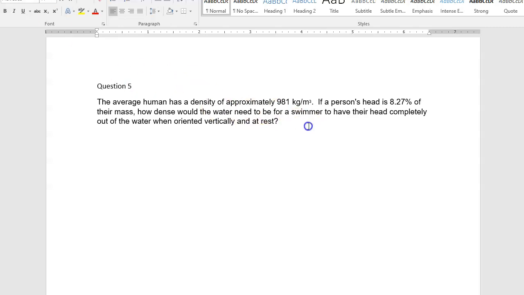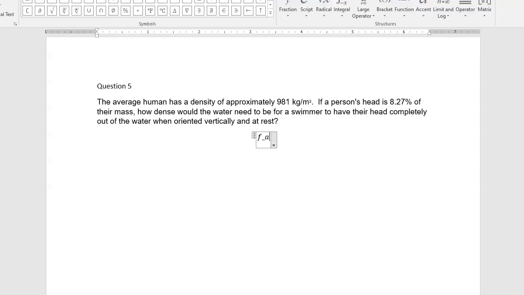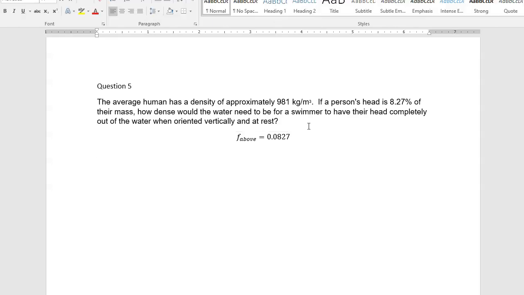This is kind of the opposite of the problem a couple of times ago when we were asking about the ice cube. Now we're given the fraction that's above the water, 0.0827, right? 8.27%, per 100. 0.0827 is above the water.